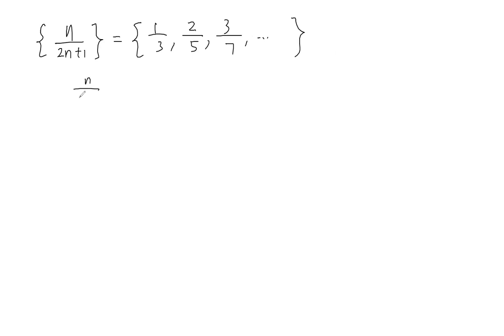But of course, this sequence will be bounded. This sequence is bounded, because as your n becomes larger and larger, what is this sequence? 1 over 3, 2 over 5, 3 over 7, and so on. You see that it's actually increasing, but it cannot go out of what value? Anybody want to try? This is bounded by what?